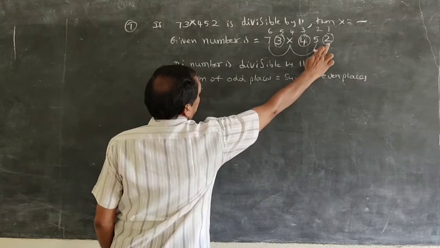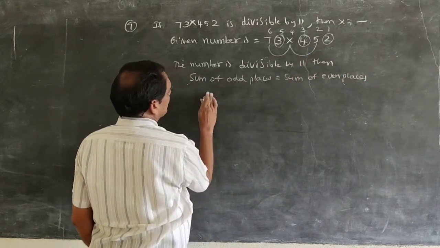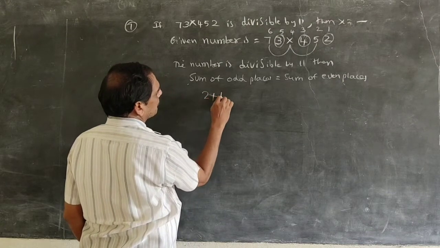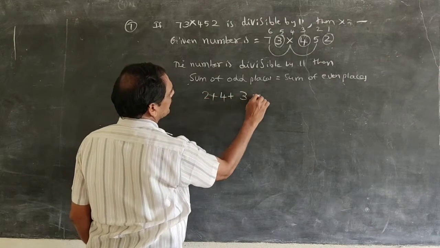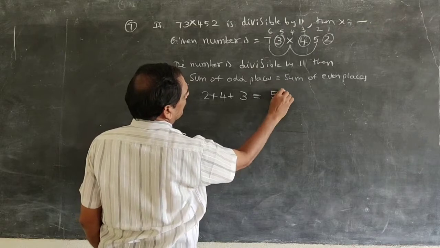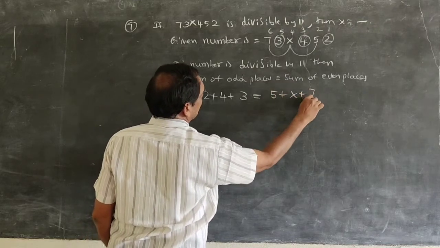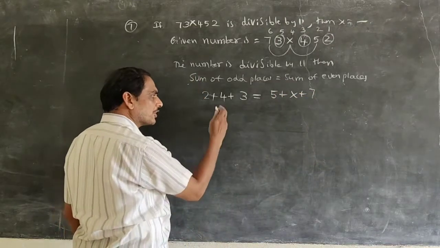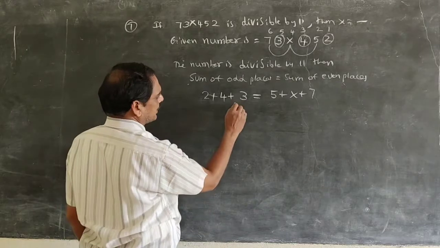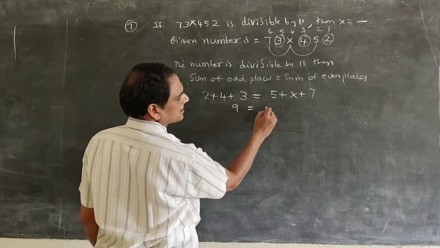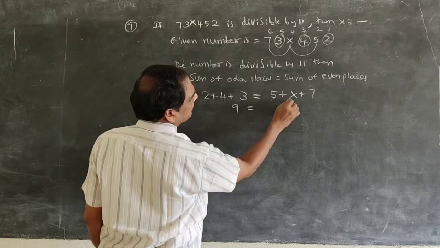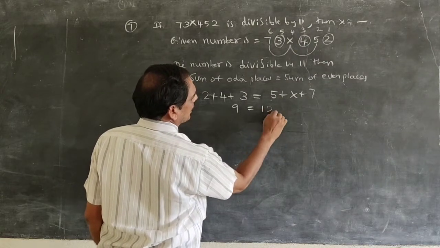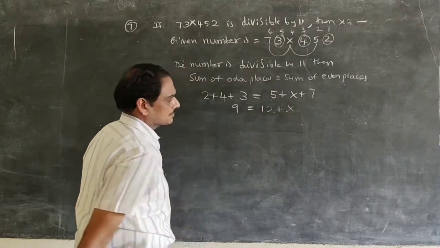So odd places is 2 plus 4 plus 3, equal to even places 5 plus x plus 7. So 2 plus 4 is 6, plus 3 is 9, equal to 5 plus 7 is 12, plus x.